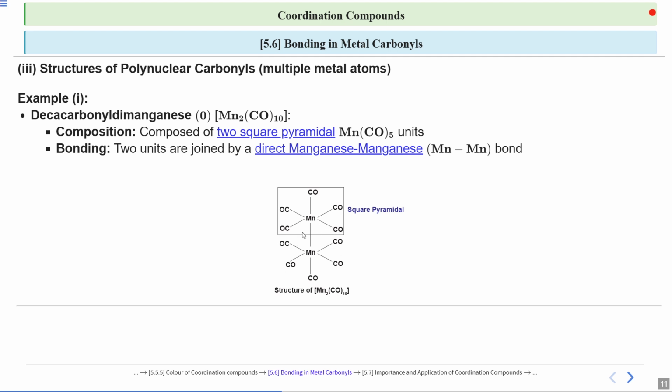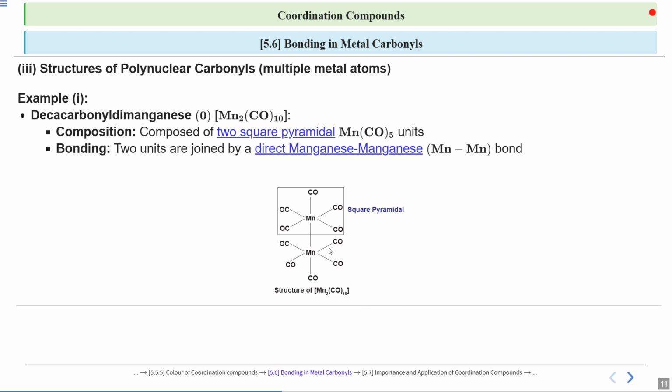Similarly, this is the other, lower unit, where the central metal is manganese and it is attaching with 5 carbonyl groups. When these 2 manganese bond together directly, they form this complex by joining these 2 square pyramidal Mn(CO)5 units, giving us the structure of Mn2(CO)10, or decacarbonyl dimanganese 0.